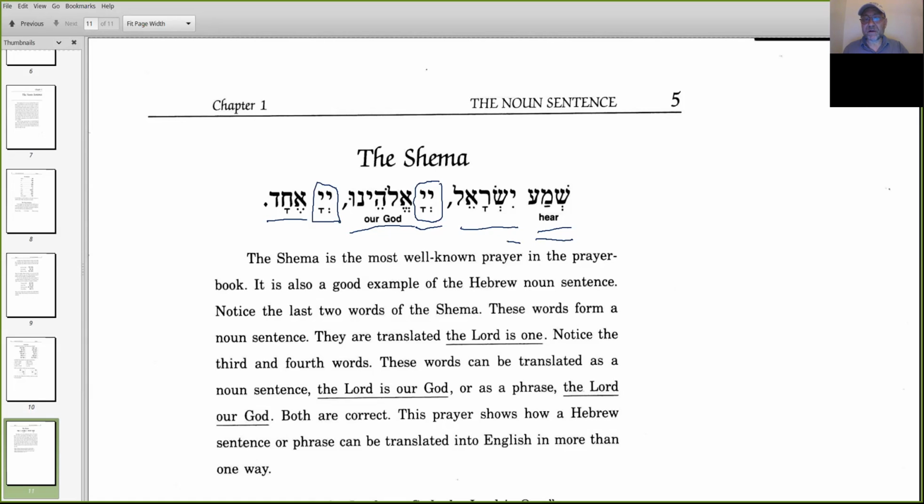Shema Yisrael, Yehovah, Eloheinu, Yehovah, Echad. All right. And so that's a really good example of what this chapter is about, because in this chapter, we're learning the masculine singular nouns.